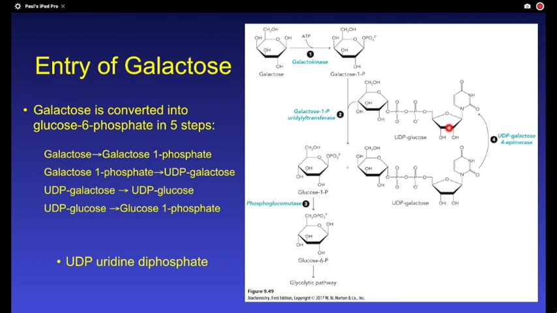It's stuck onto this until another galactose comes in, does a reaction, and it's released to come out. So we've got this circle that has to happen for the glucose to finally come off. It's kind of complex to get that done.